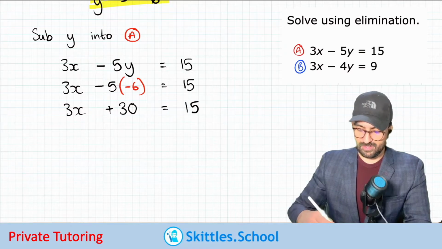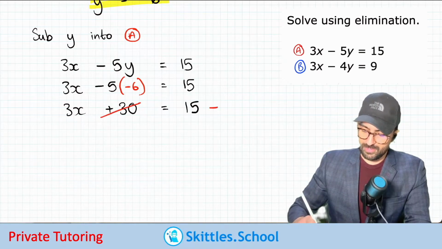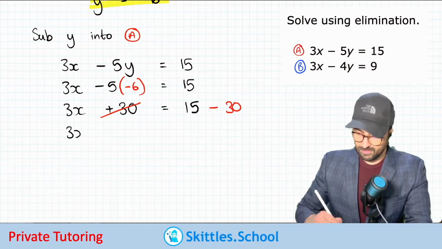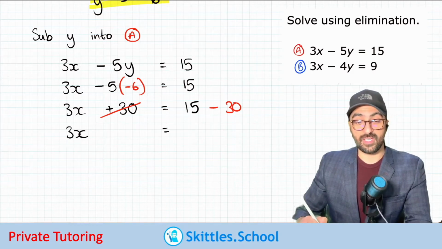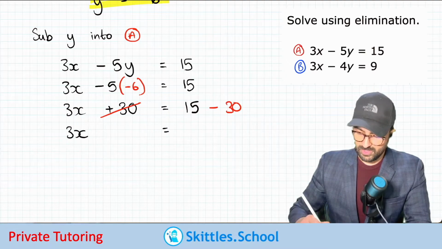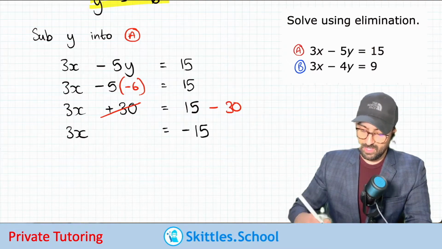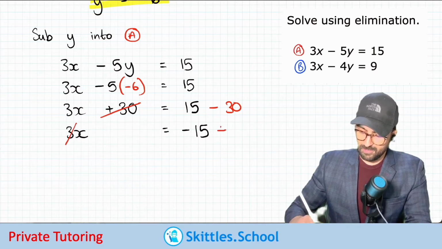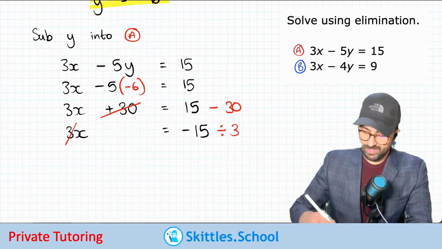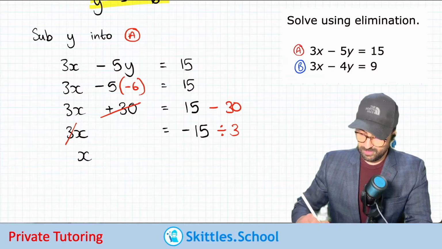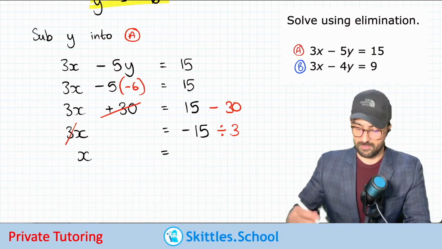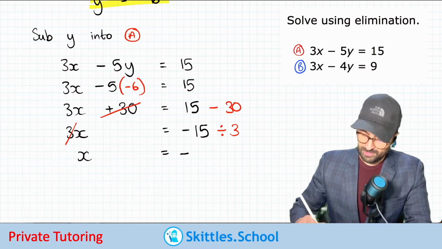If I subtract 30 from both sides, I'm left with 3x equals 15 subtract 30, which is minus 15. And then if I divide both sides by 3, I'm left with x on its own is equal to minus 15 divided by 3, which is minus 5.